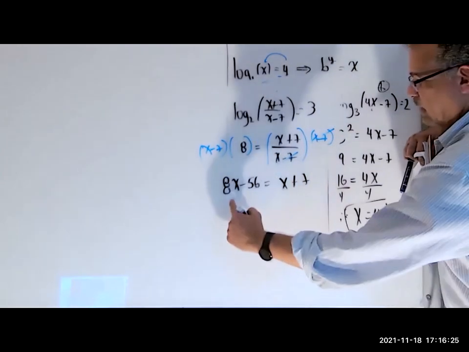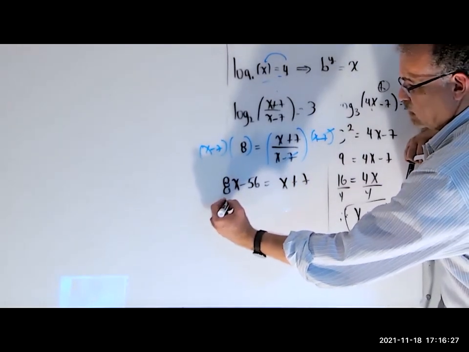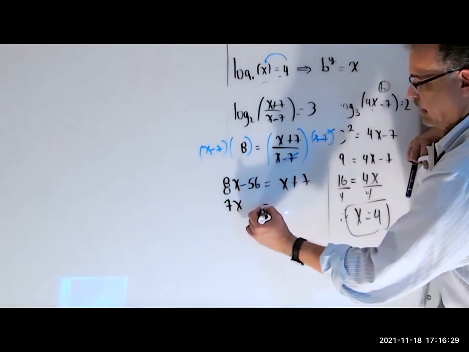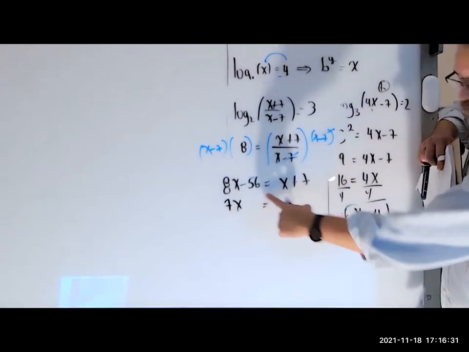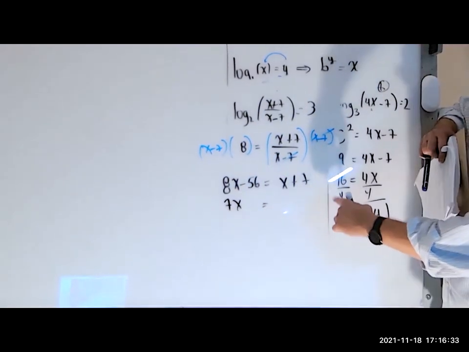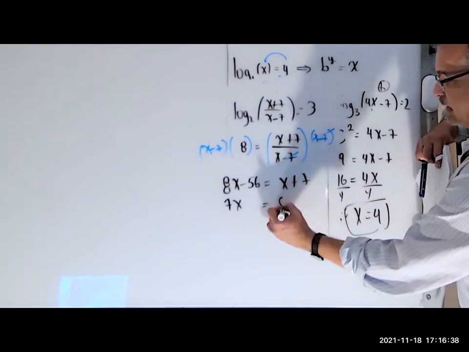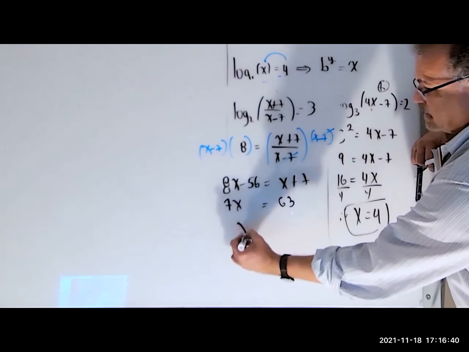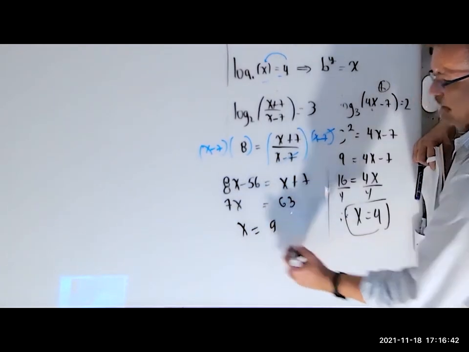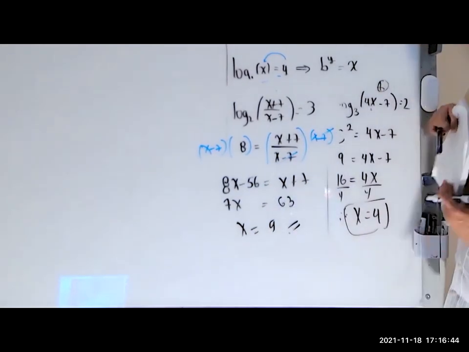I could subtract 1x, 8 minus 1, that will be 7x equals, and I can add 56 to the 7, so that will be 63. I divide by 7, so x equals 9. And we are done.